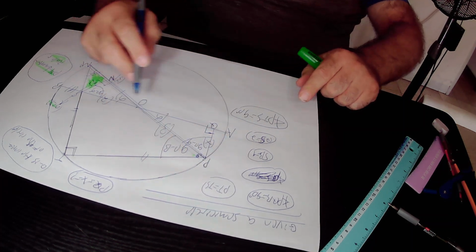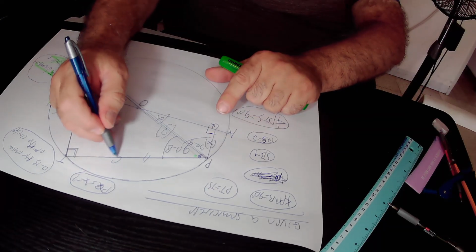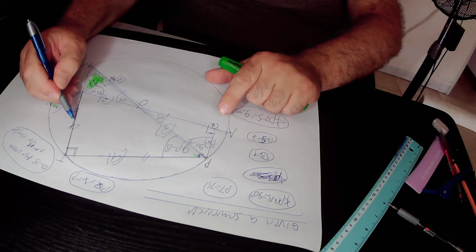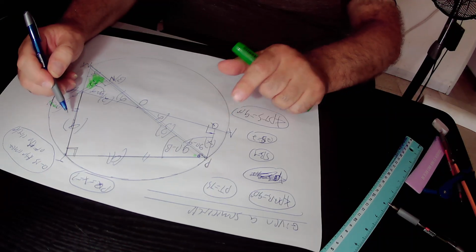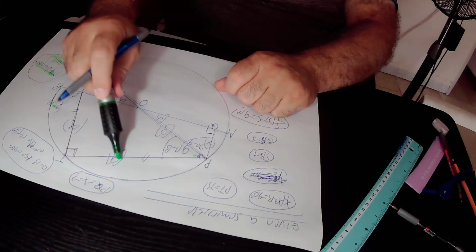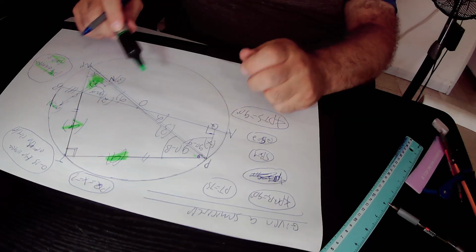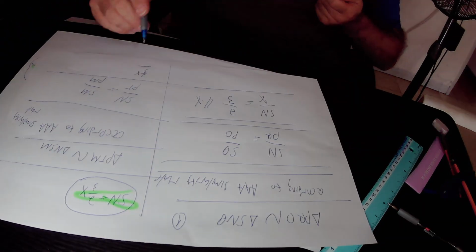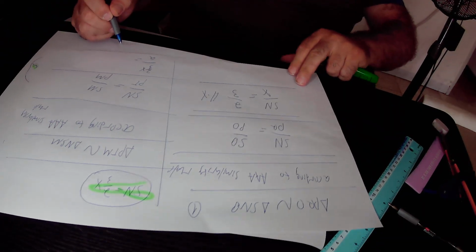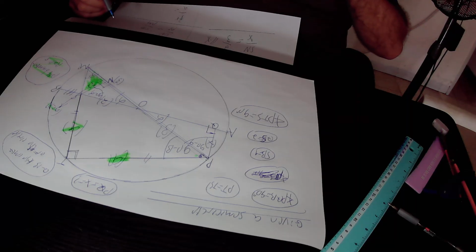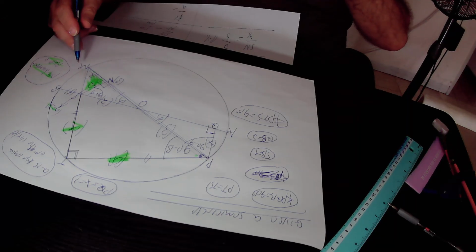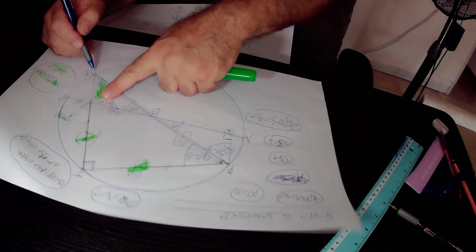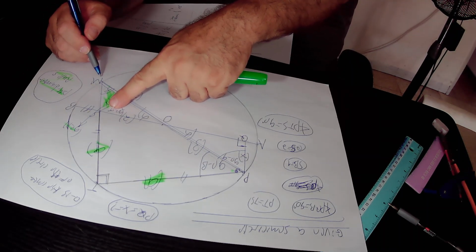So if we define the length of side PT as A, then the length of side TS must also equal A, because they are equal to each other according to what is given in the question. So PT is A according to our definition. And SM is the missing side, so we leave it as it is.